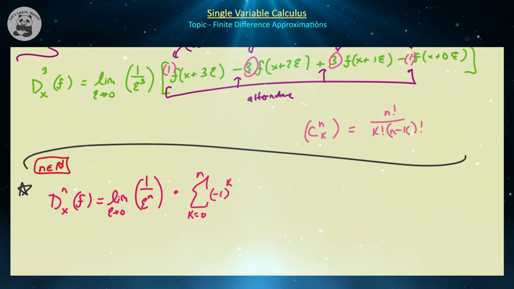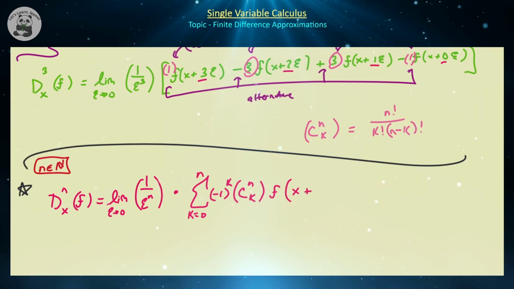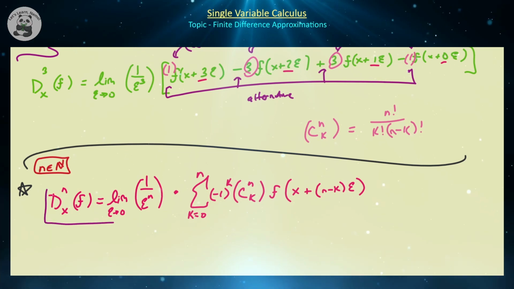That's our alternating term, those are our coefficients, n choose k, and then f of x plus, notice we're going 3, 2, 1, and 0, so it's decreasing, not increasing. It's not x plus 0, x plus 1. It's x plus 3, 2, 1, down to 0. So n epsilon, n minus 1 epsilon, n minus 2 epsilon, all the way down to n minus n epsilon. That's going to be equal to x plus n minus k epsilon, where your function is evaluated.